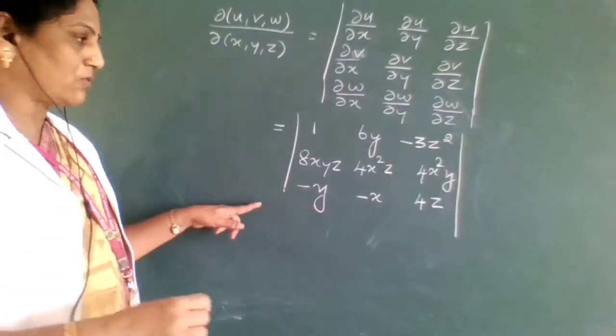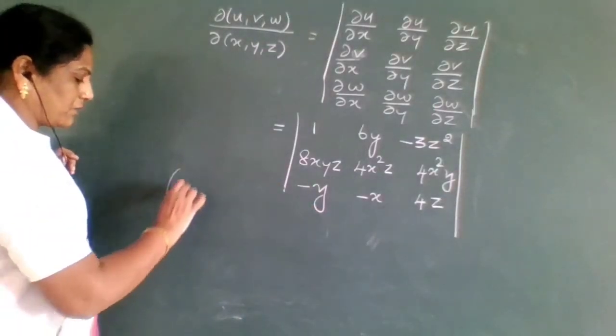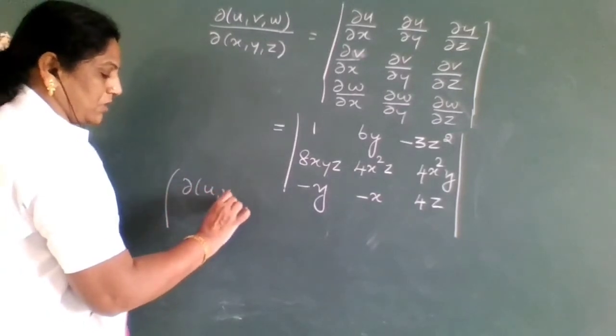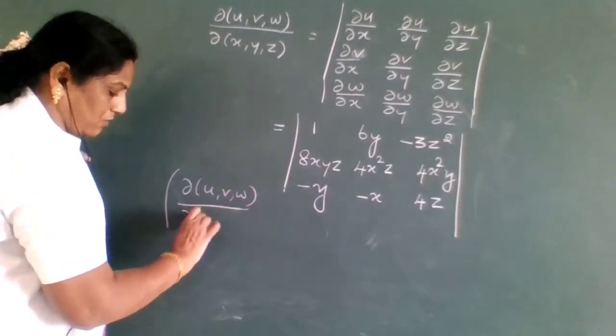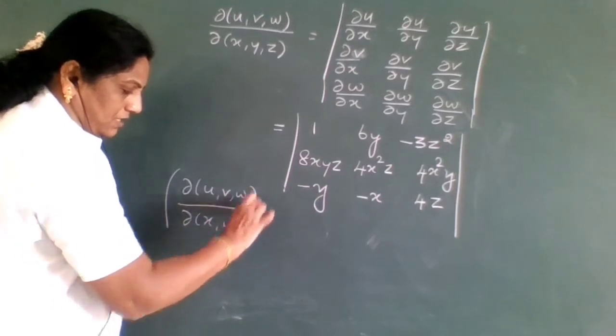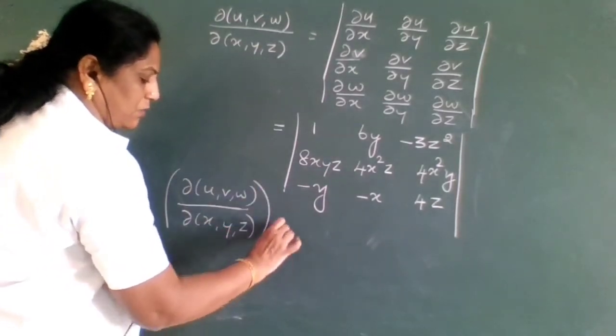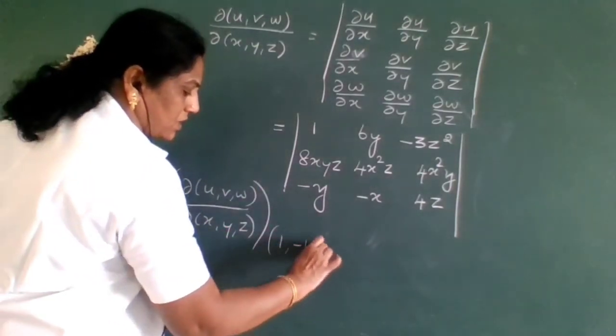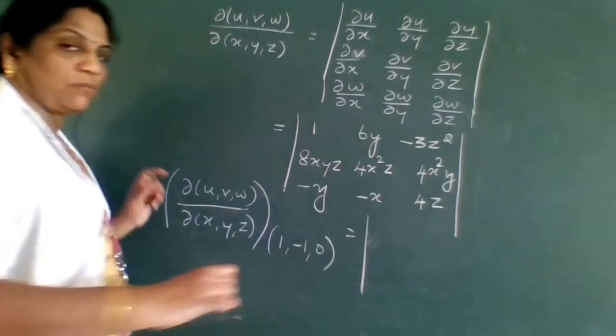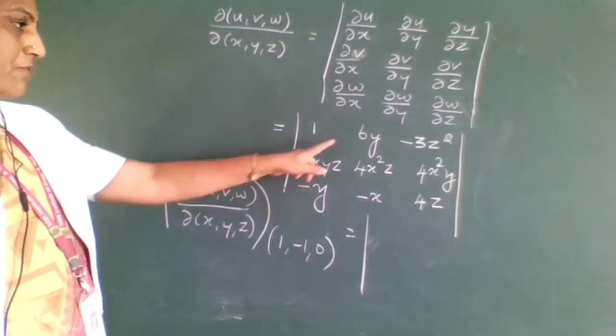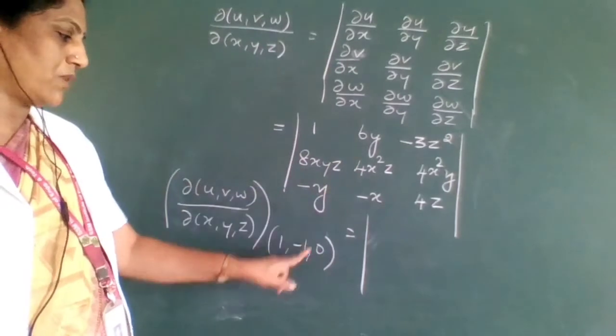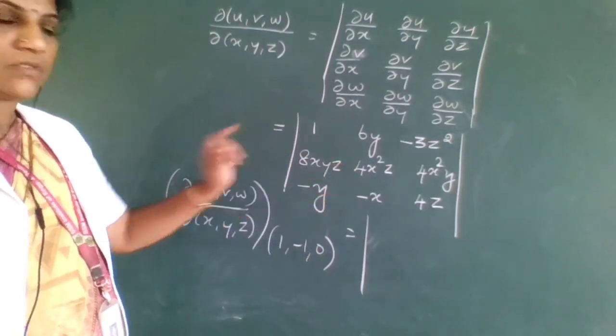This is the value. Now we have to find ∂(u,v,w)/∂(x,y,z) at the point (1, -1, 0). So instead of x we put 1, y equal to minus 1 and z equal to 0.